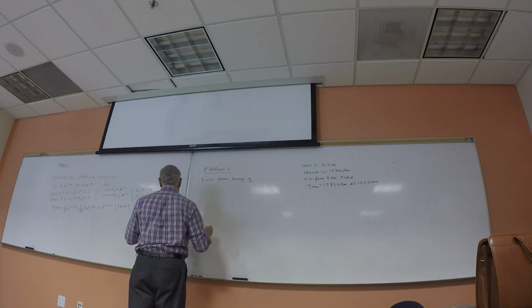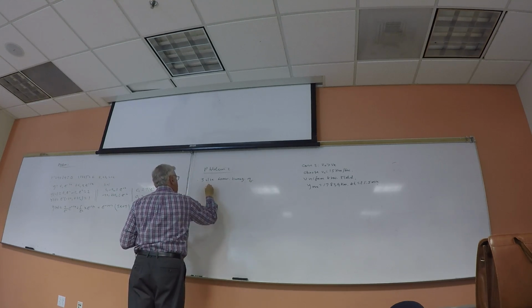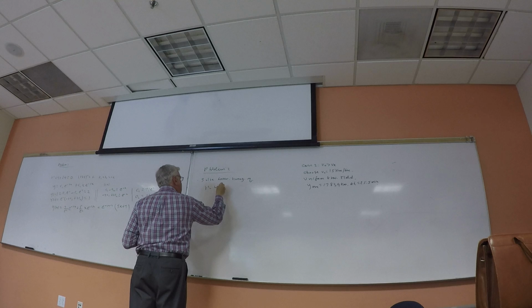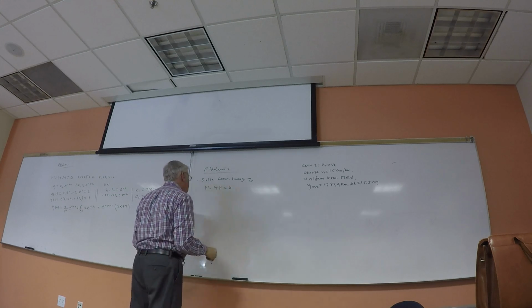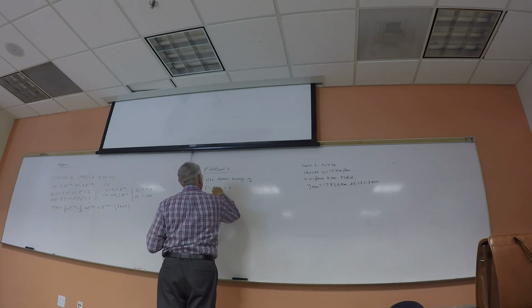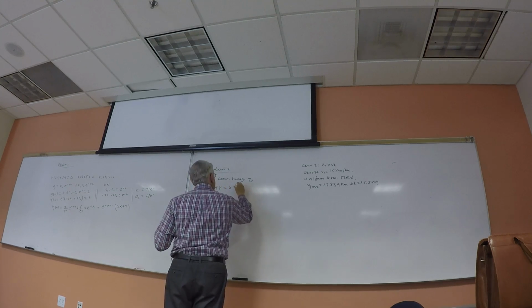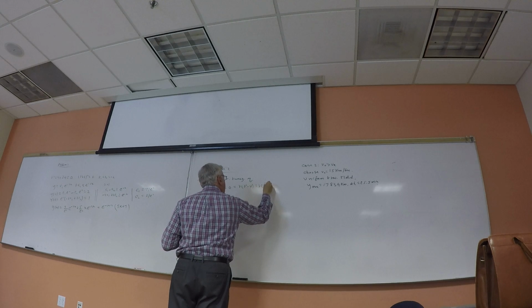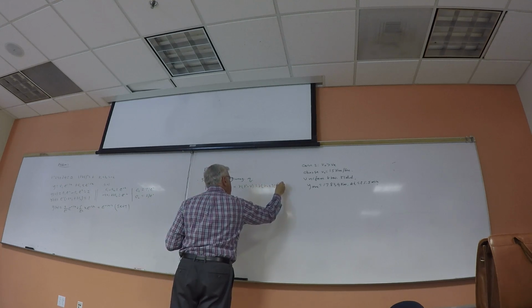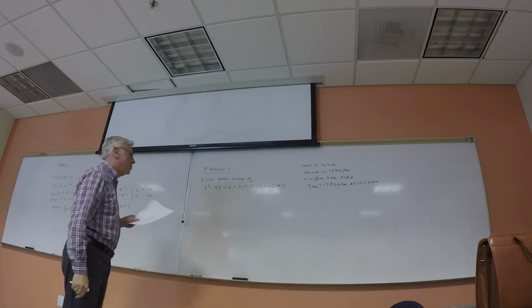Put the right-hand side equal to 0. The auxiliary or characteristic equation is r cubed minus 4r equals 0. So I can write this as r times r squared minus 4, or r times r minus 2 times r plus 2. It's real simple as far as the algebra goes.